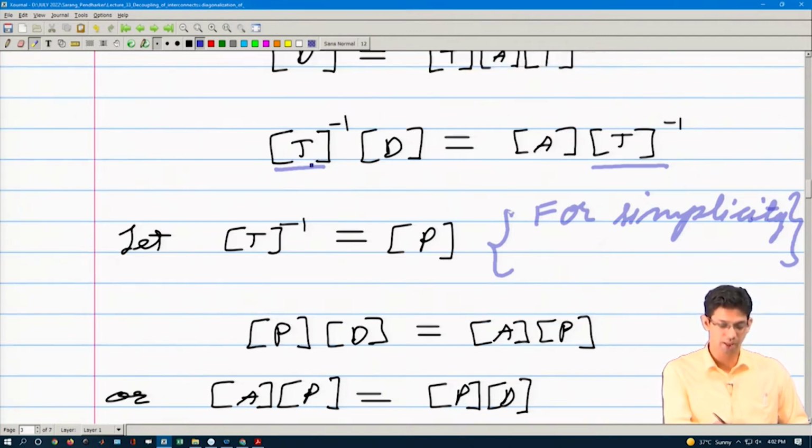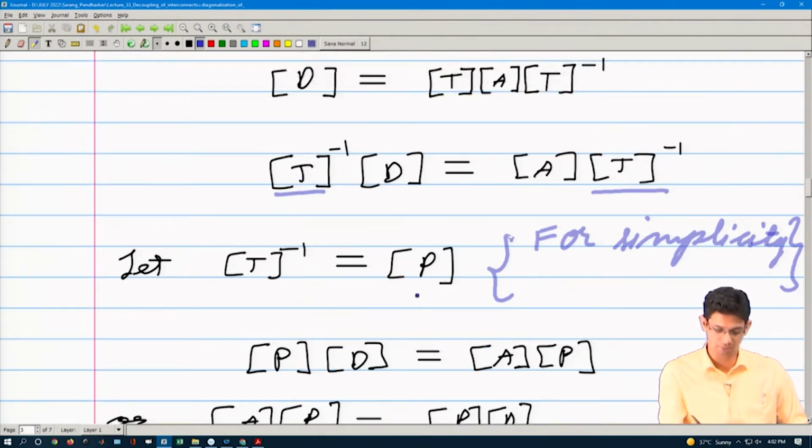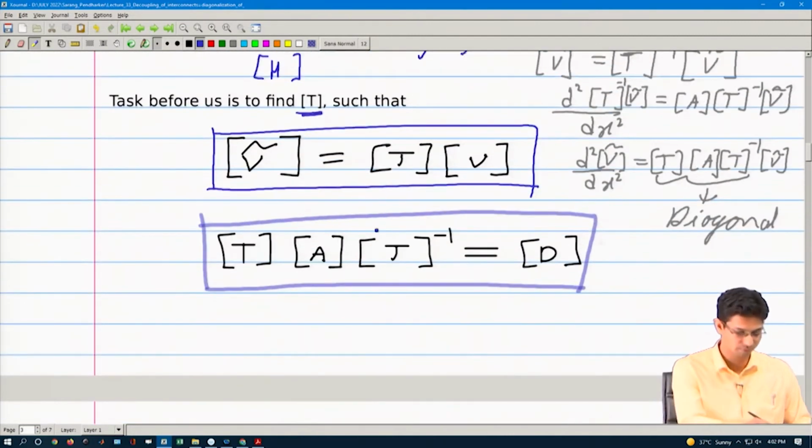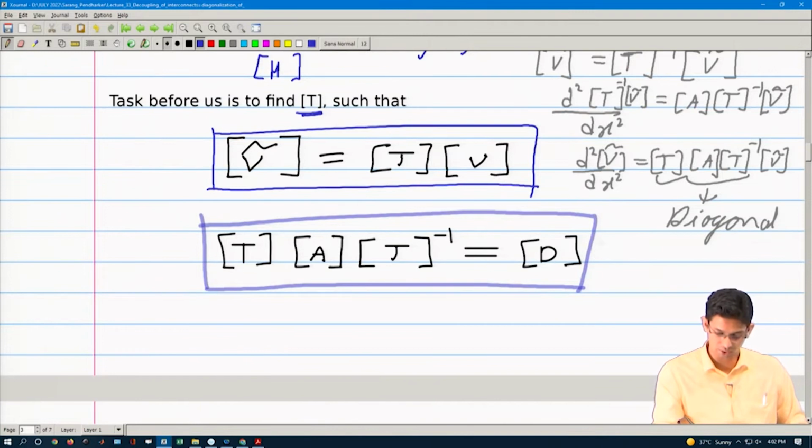Now, what should be the dimension of your T matrix and finally P? If you look at this, if there are n interconnects, the size of this would be n cross 1, the size of this should also be n cross 1. So, if T multiplies with this to give you an n cross 1 vector, T would be n cross n, right.